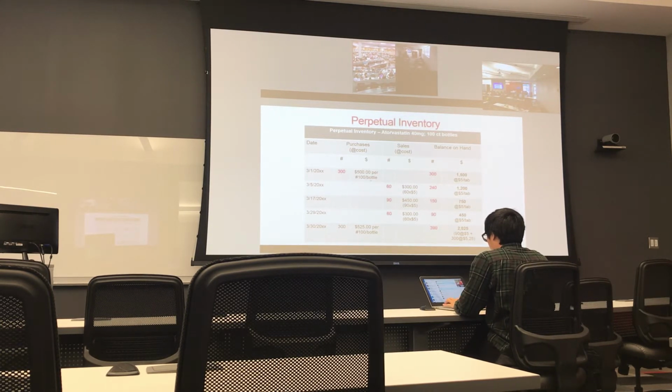So you bought 300 bottles. We have 300 bottles at $5 a tab is 1,500, and so the math works out. And then when you sell 60, this goes down, and your costs go down. And then when you buy more, it just goes up.